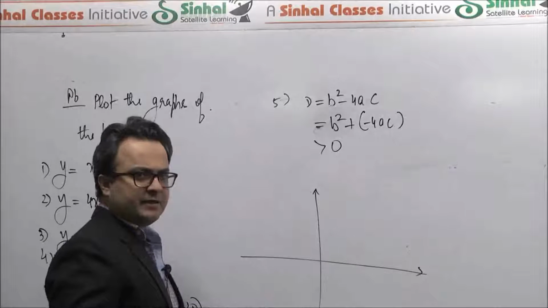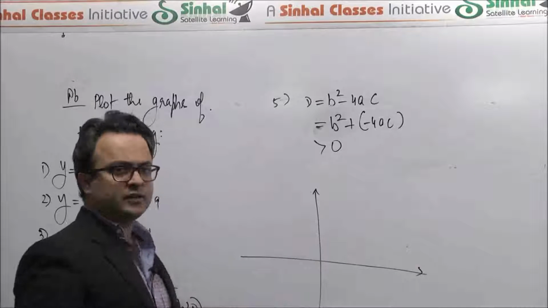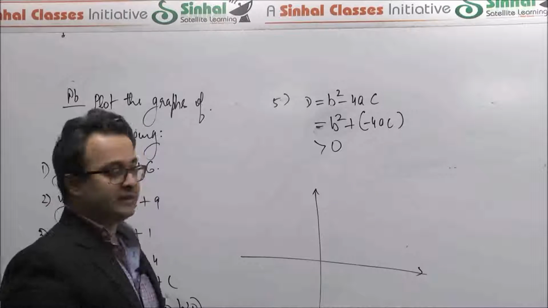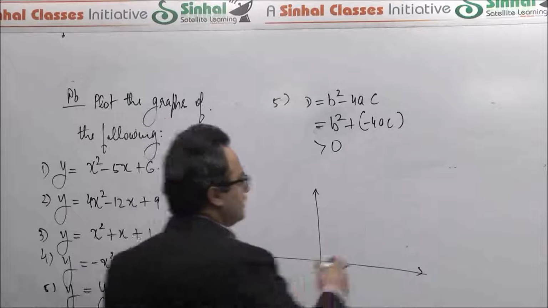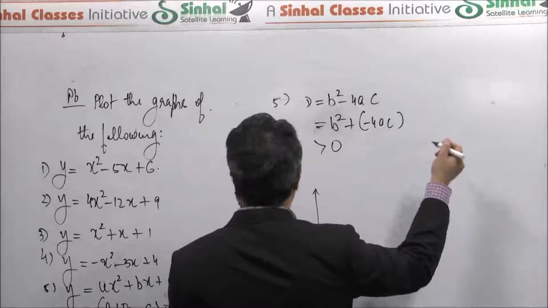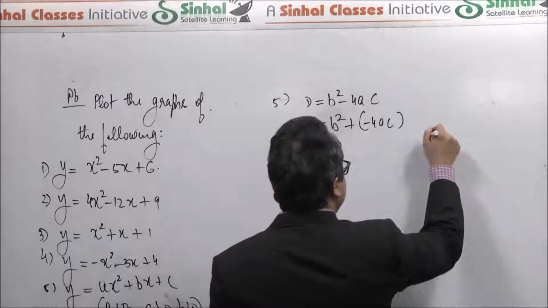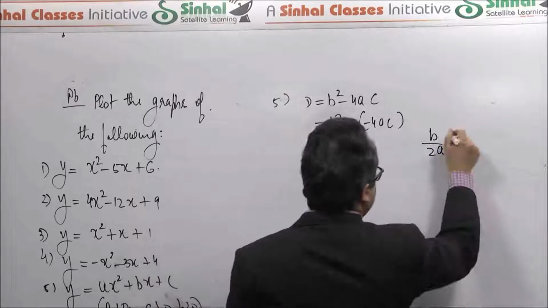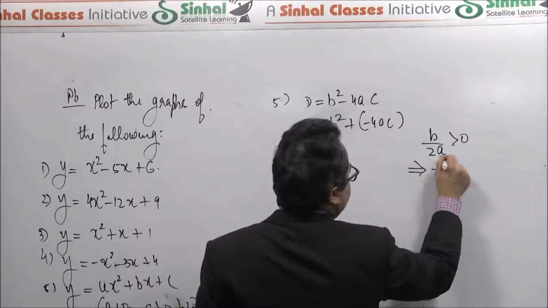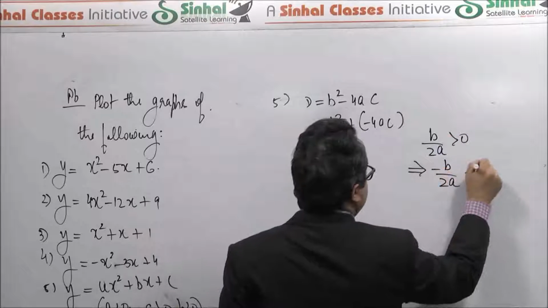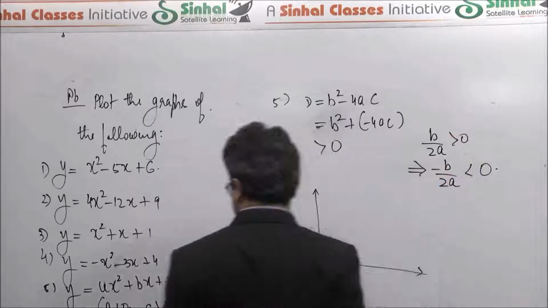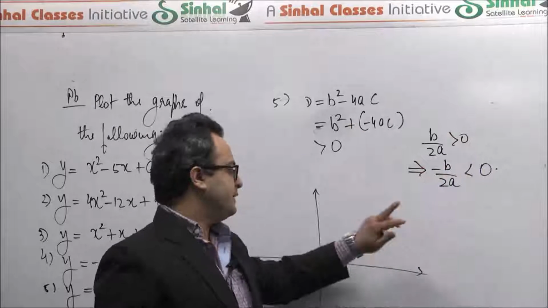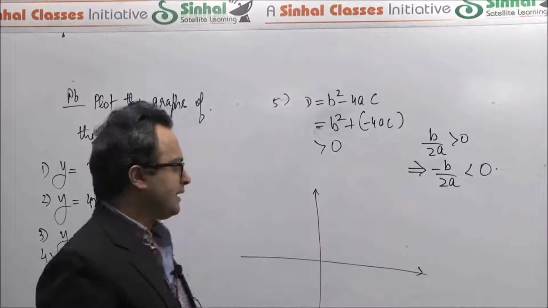So you have a parabola opening down and it's intersecting the x-axis at two distinct points. But another piece of information that we need is where the vertex would be. That can again easily be found out. As we know, the x-coordinate of the vertex is minus b by 2a. Since b and a have the same sign, b by 2a must be positive, but then as a consequence, minus b by 2a must be negative.